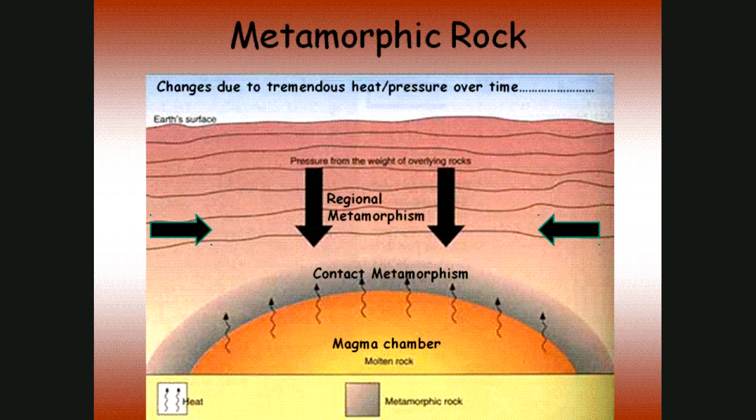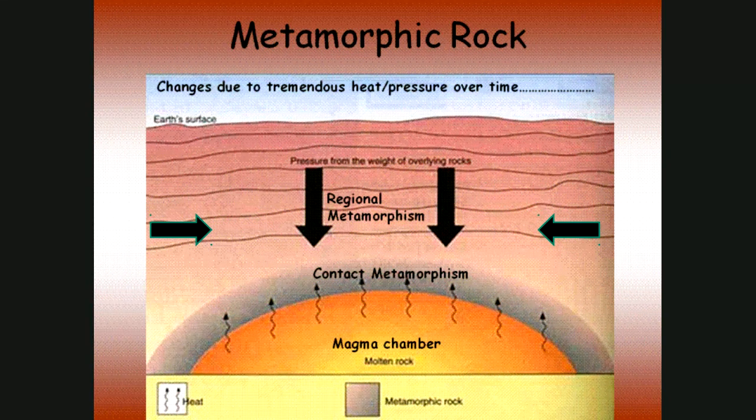Let's talk a little bit about metamorphic rock now. Metamorphic rock is the type of rock that is changed due to tremendous heat and pressure over time. And often the question is how much pressure, how much heat. It varies.